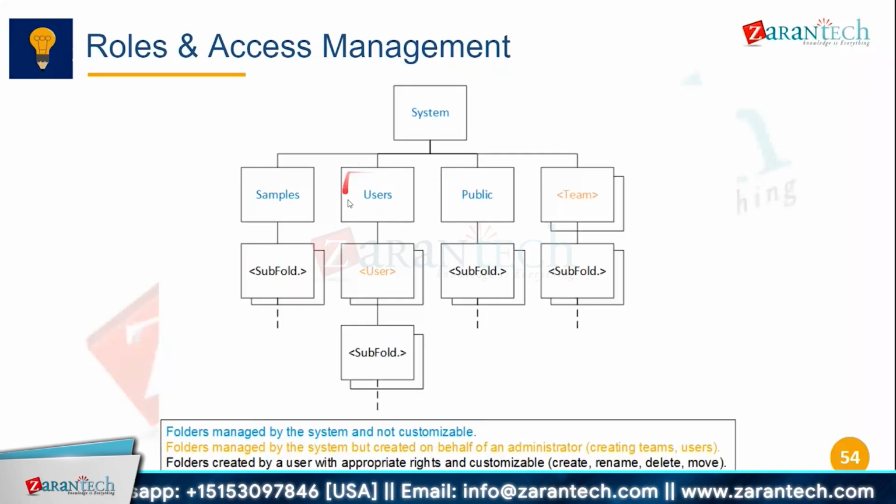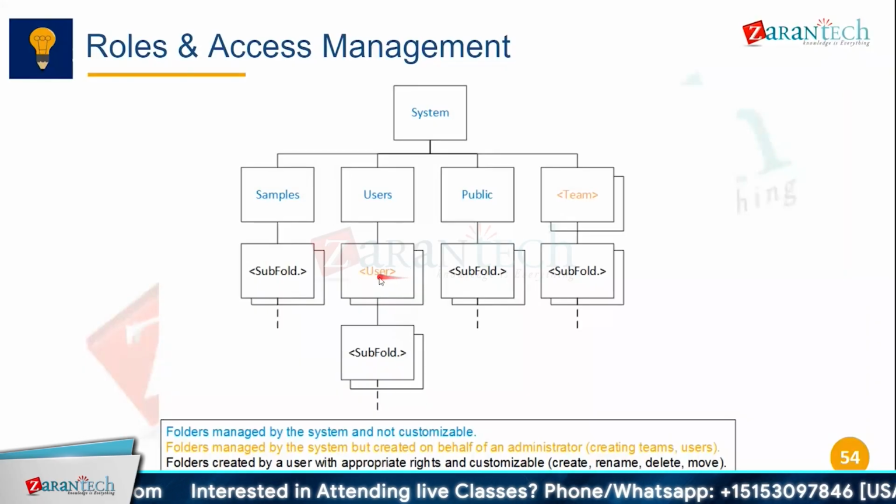For example, my user ID is Tarun. So under that, a Tarun folder will be there. In Tarun folder, you will have again subfolders. So the Tarun folder is only accessible to me and the system admin and system owner. Only these three can access. System admin and owner, as I said, have full control, so they can access any folder, any file. Whereas users' folders will only be specific to the users.